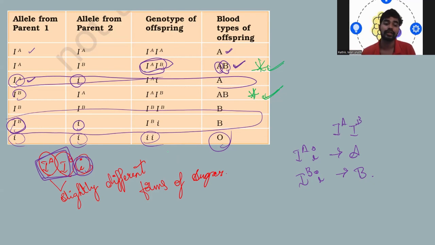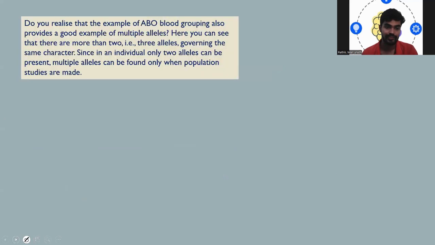Not only that, we can also study multiple alleles, taking this as an example. How? Because here we can see that there are more than two, that is three alleles, governed by the same character. So I is a gene and it has three different alleles.